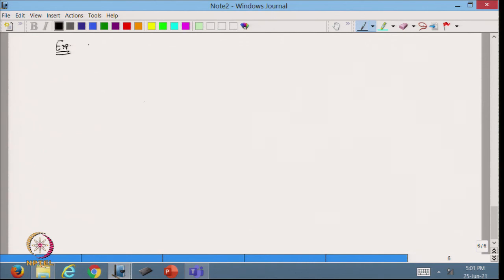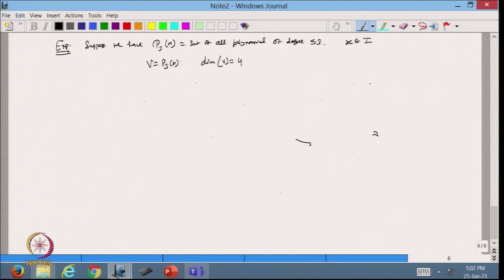Let us suppose we have the vector space P3(x), that is the set of all polynomials of degree less than or equal to 3, and suppose x belongs to some interval I. So I take the vector space V as P3(x), and I know that the dimension of V will be 4, because it is a polynomial of degree less than or equal to 3. So its dimension is 4, we know that.